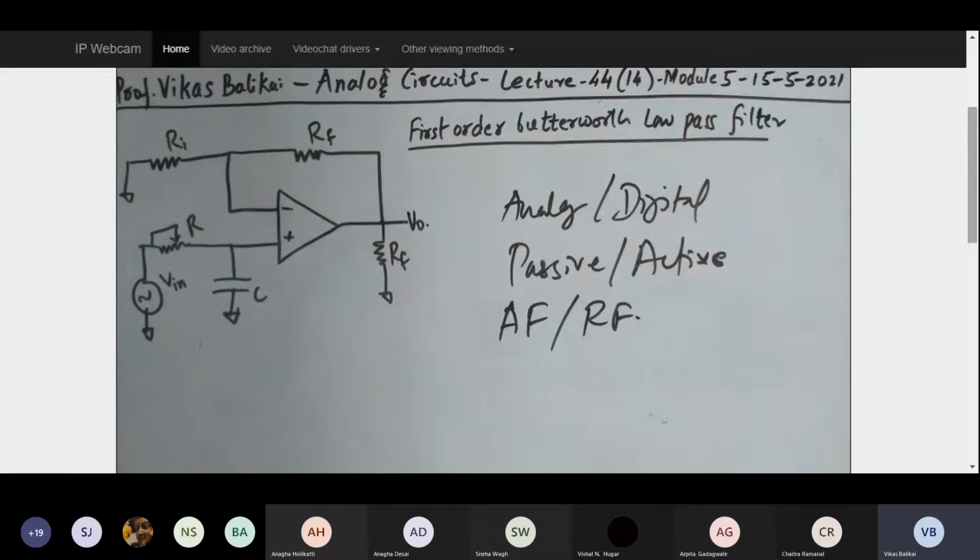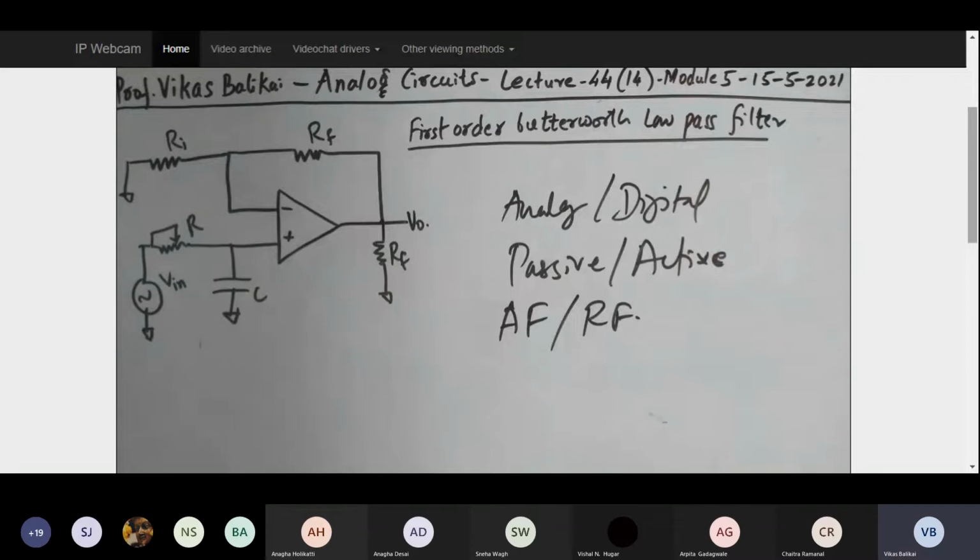Analog filters, as the name says, are designed to process analog signals, while digital filters also process analog signals, but they process them using digital techniques, and they also process digital signals. It doesn't mean that digital filters will not process analog signals. They will, but with the help of some digital techniques.